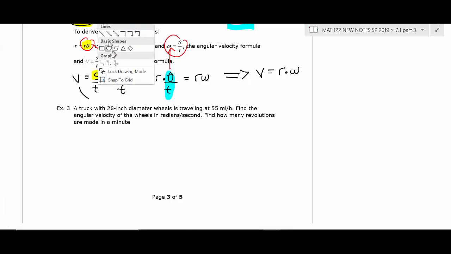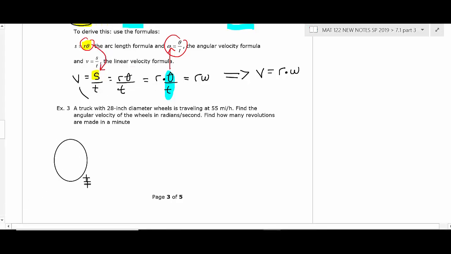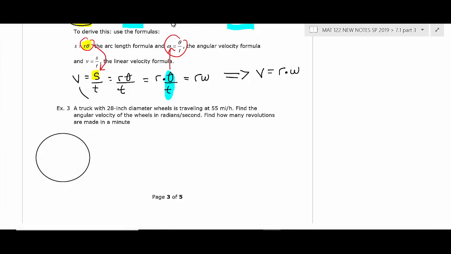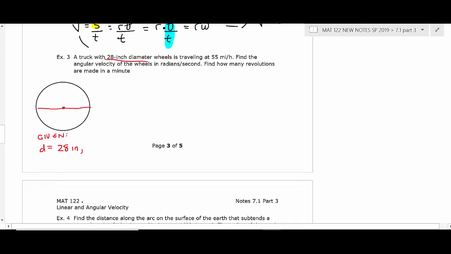To begin with, I'm just going to draw a circle to represent the tire. Remember the diameter of a circle is the distance all the way across the circle, so that's important. I'm going to write down what we're given in the problem. We're given that the diameter is 28 inches. Now, how do you find the radius of a circle if the diameter is 28?